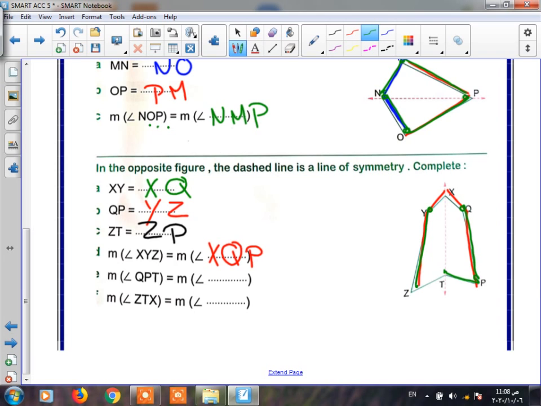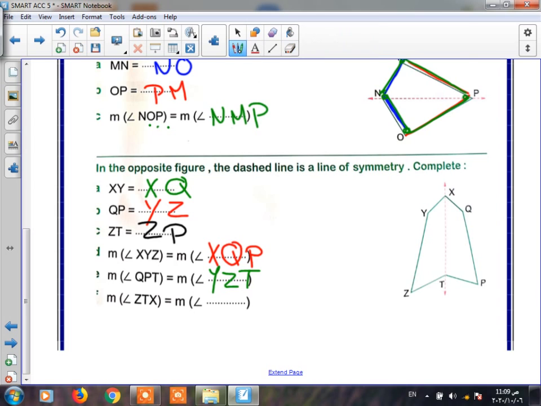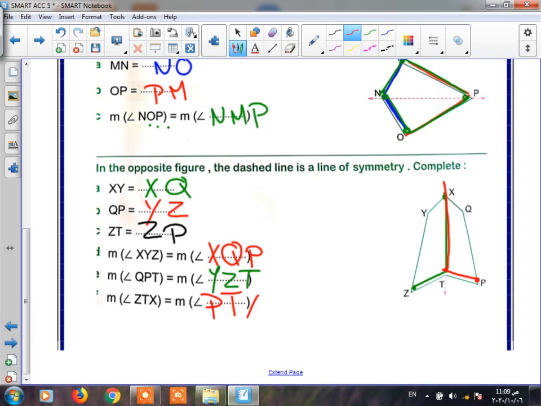Like YZT. Okay, the last one, ZDX. Take care with this one. ZDX, look in the order. ZT and go up to X. So here the same, it will be congruent to what? BTX. That's right. Is it clear? Okay, try it by yourself and try to solve all of these questions before you see the answers.